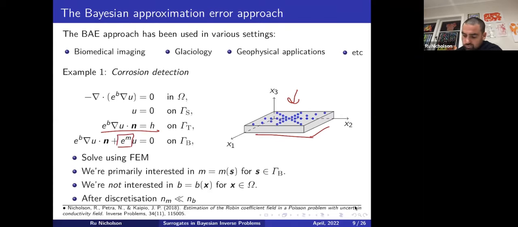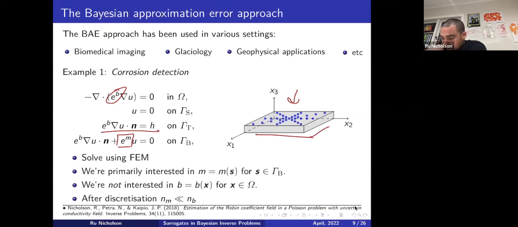Here, the corrosion is all explained by this Robin coefficient, essentially. But also, in essentially all cases, the conductivity, whether thermal or electrical, of the specimen or body there would also not be known. So that again would be another parameter. And we're going to say that we're not interested in that conductivity, and so we're going to go ahead and solve this using FEM.